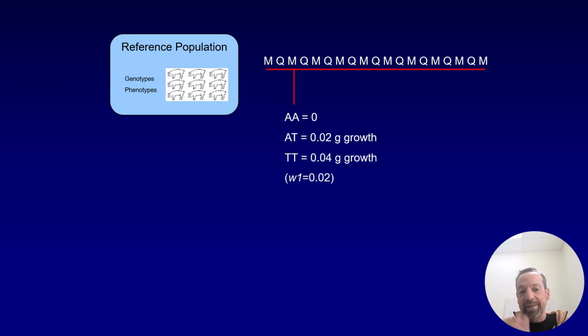So just to give you an example, at this particular SNP, the difference between the animals carrying the AA genotype and the TT genotype might be 0.04 grams of growth. So a very small difference, but when you add up over all the mutations across the genome and the SNP effects that capture those mutations, you can capture the vast majority of the variation due to those mutations.